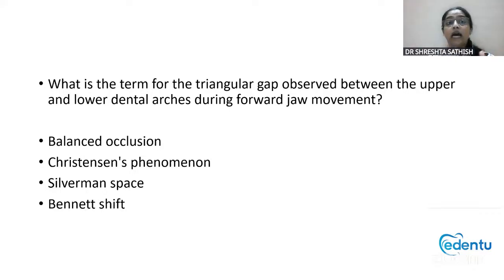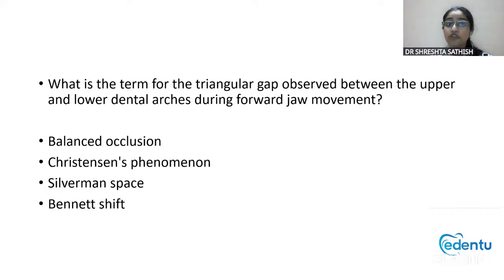Okay. Now, what is it in balanced occlusion? The definition of balanced occlusion states that it is the bilateral, simultaneous, antero-posterior relationship of the maxillary and mandibular teeth in centric and eccentric position.